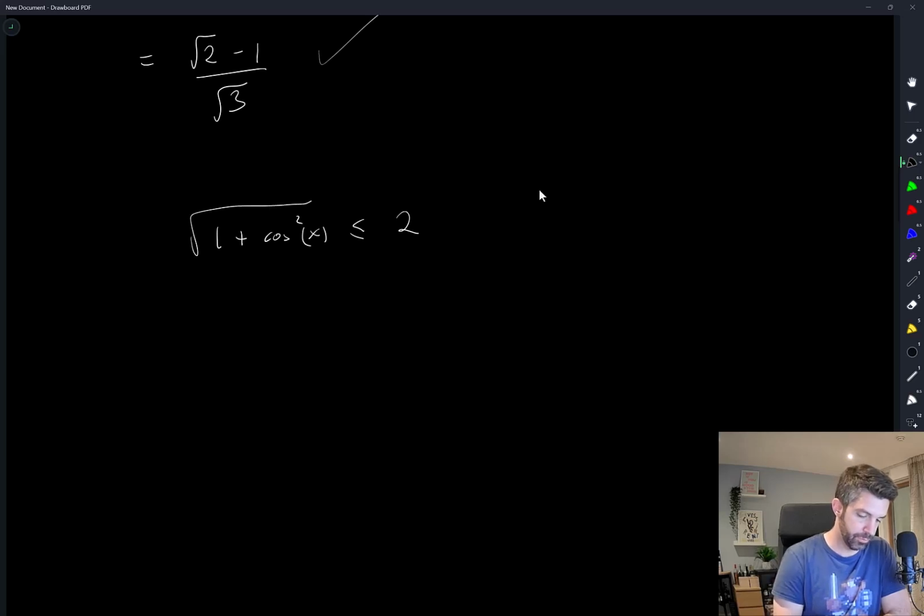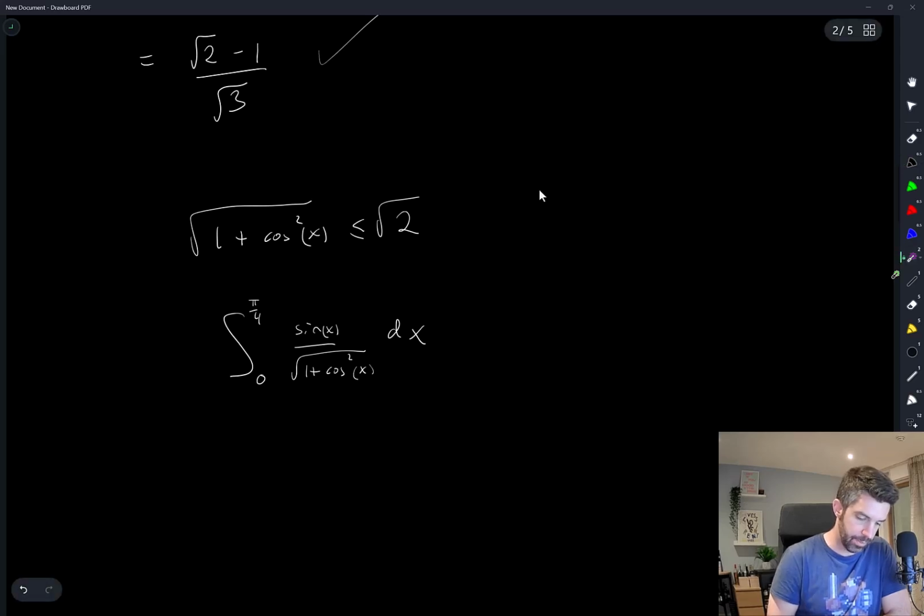So I can put some square roots around that. So this tells us that the integral from 0 to pi over 4 of sine x divided by the square root of 1 plus cos squared x dx. If I make the denominator bigger, if I replace this with something bigger, the whole thing gets smaller. So the whole thing gets smaller if I do this.